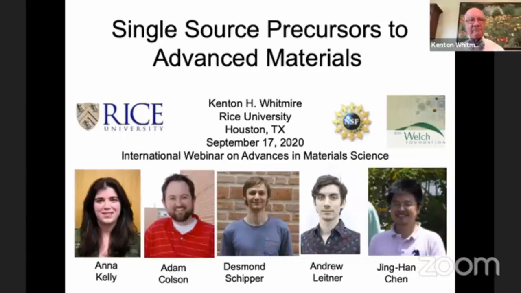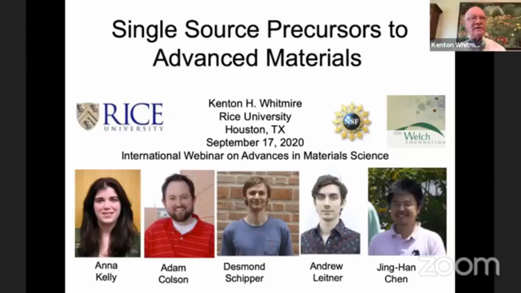So I should point out first the people here on the slide, Anna, Adam, Desmond, Andrew, and Jing Han, all contributed to this project over a period of about 15 years. So it took us a while to actually get to the point where we understood the system well enough to make some progress.